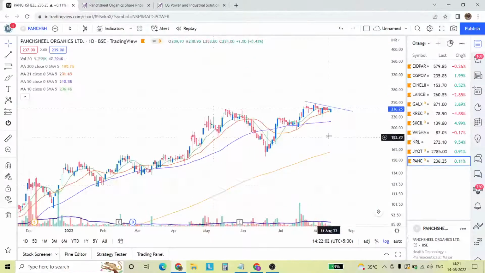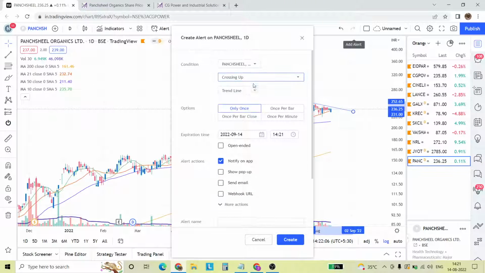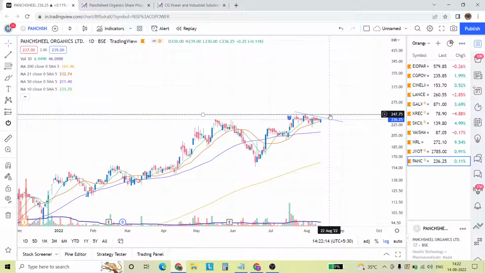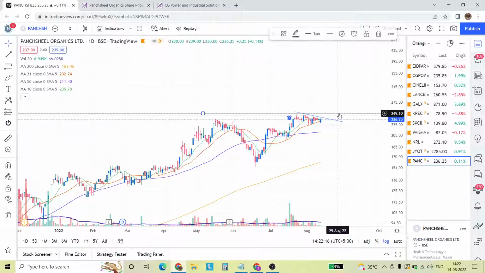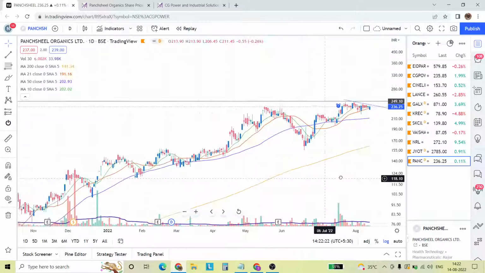That is my thought process, and I'm going to add an alert on this one. When it crosses this horizontal line pivot, I am going to try to enter, provided that I'm not in any other trades.